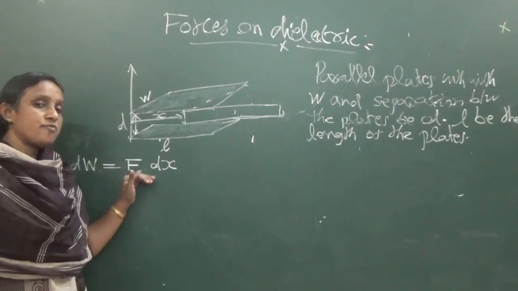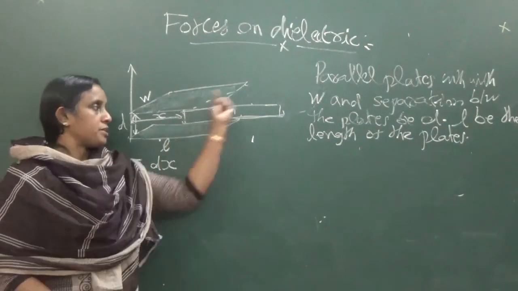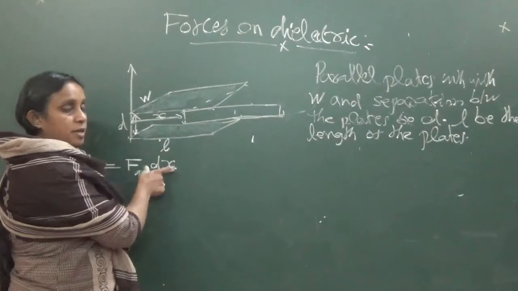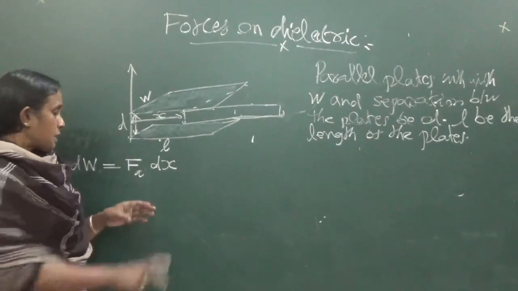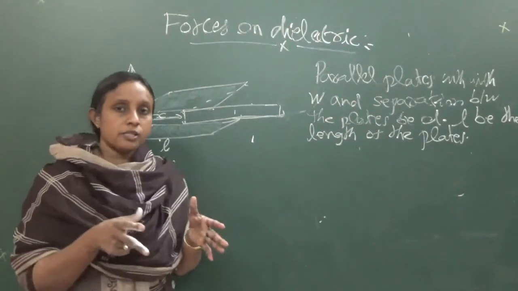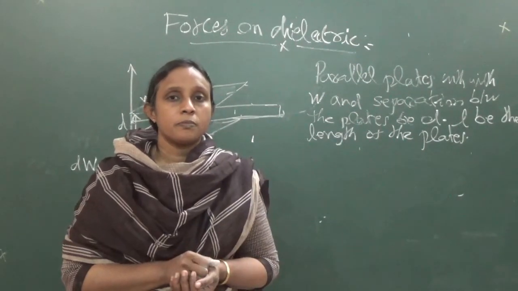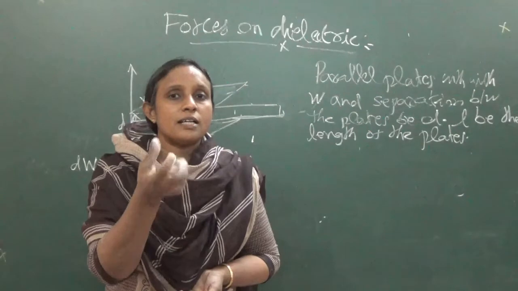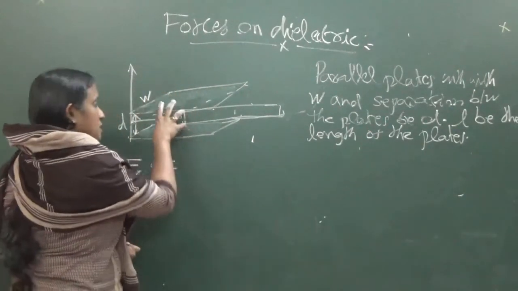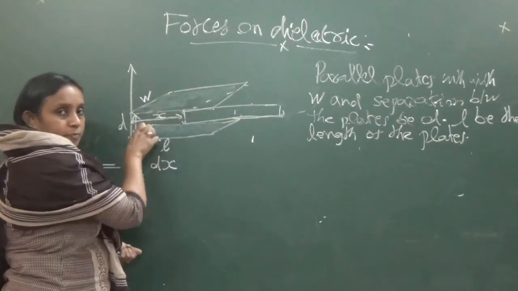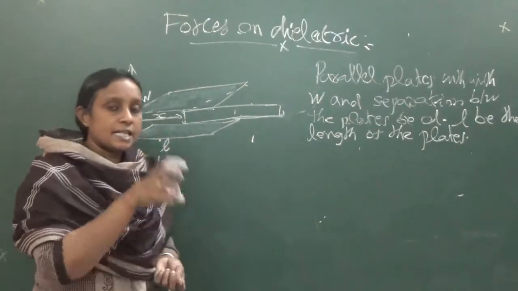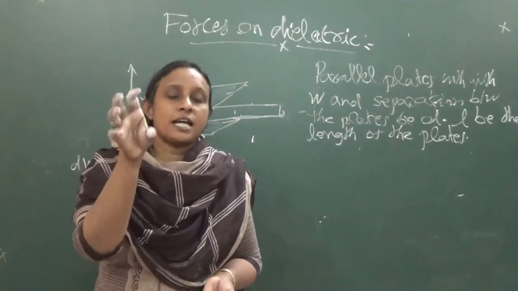Fa means applied force into the displacement. How much displacement? dx displacement. This applied force is equal and opposite to the force on the dielectric. That means these two parallel plates of the capacitor exert a force on the dielectric slab.